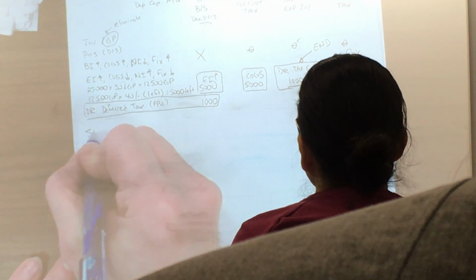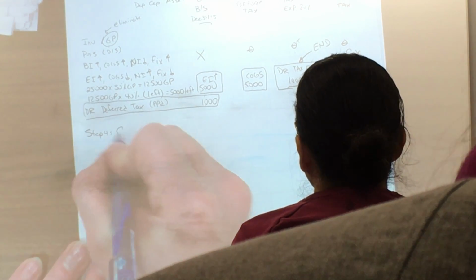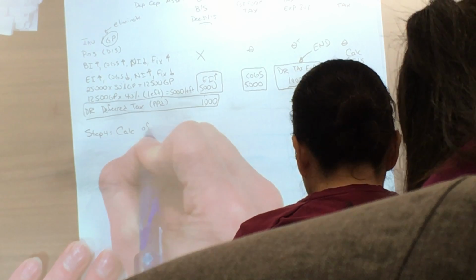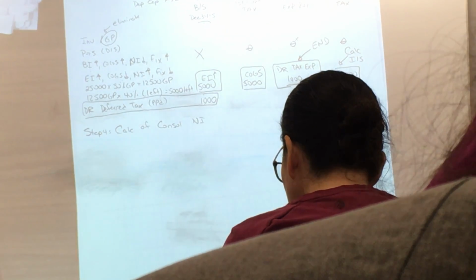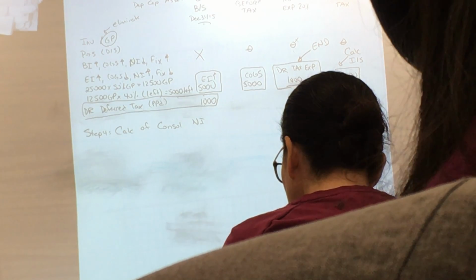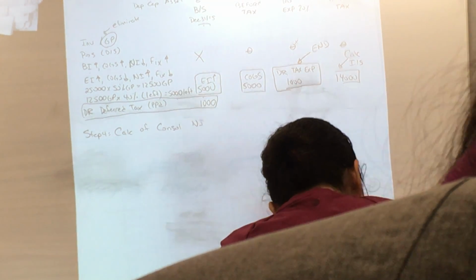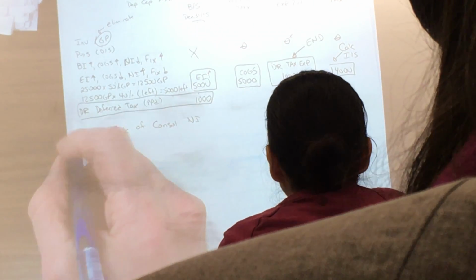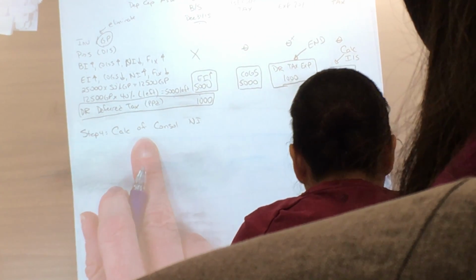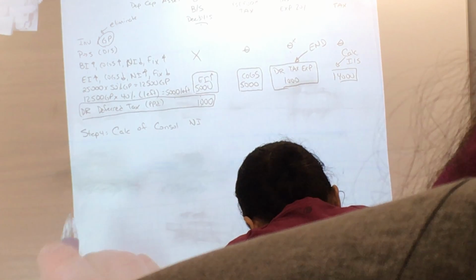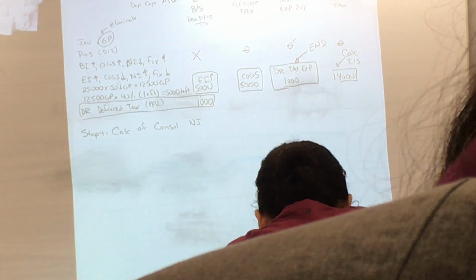Now we do step 4, which is the calculation of consolidated net income. And the steps here are very similar to what we've done in Module 4. So what did we do in Module 4 when we did the calculation of consolidated net income? We first started off with whom? Our parents.